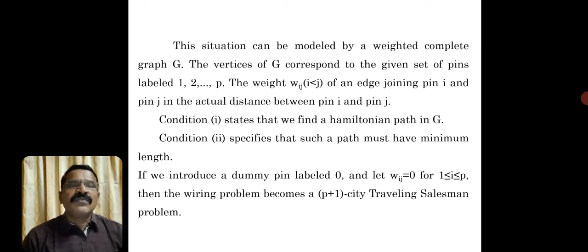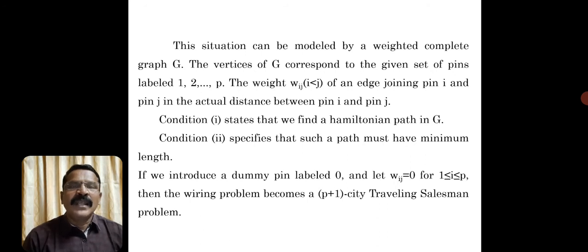So this situation can be modeled by a weighted complete graph G, in which the vertices of G correspond to the given set of pins, labeled 1, 2 and so on up to P. Pi is one pin, Pj is another pin.